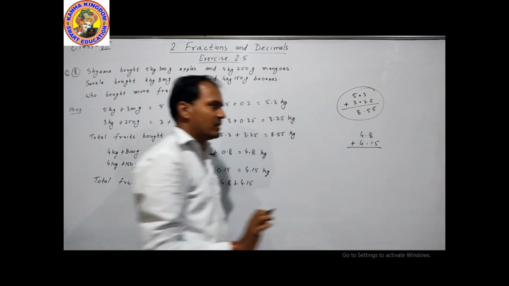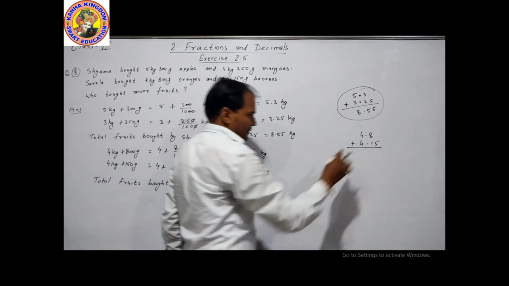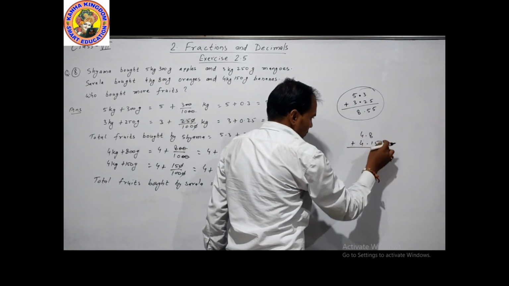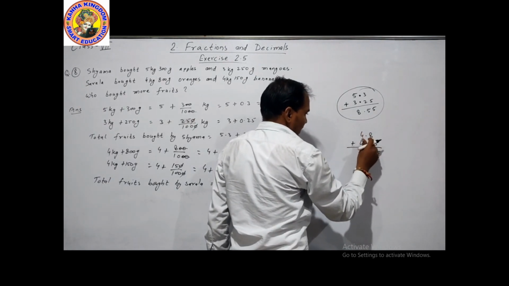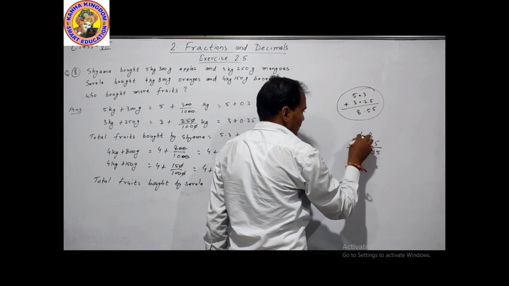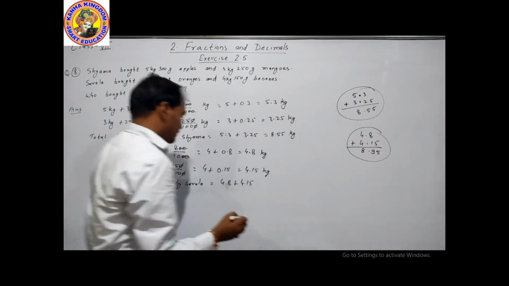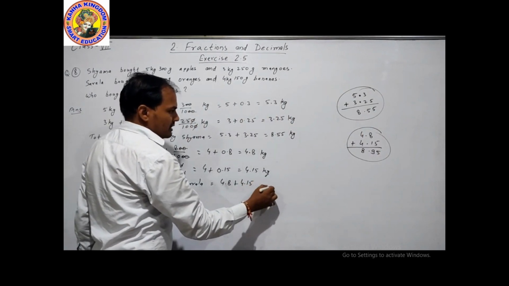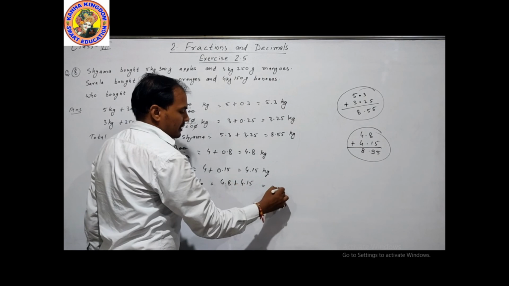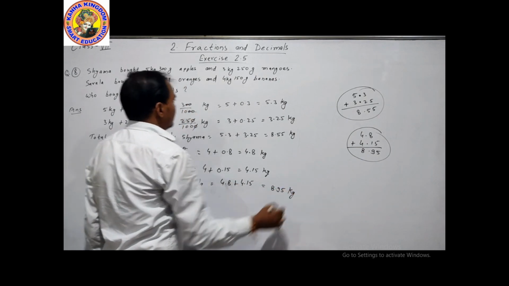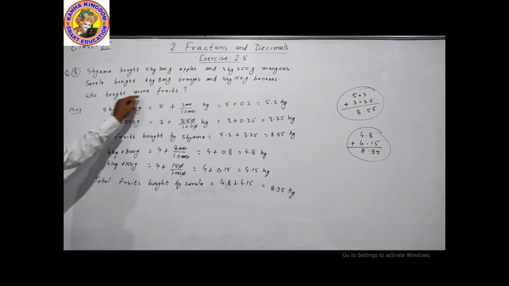The decimal point will be situated at the same position. Now this is 0 plus 5, 5, 8 plus 1, 9, 4 plus 4, 8. The answer is 8.95 kg. The question is, who bought more fruits?